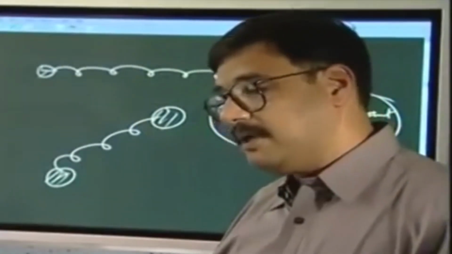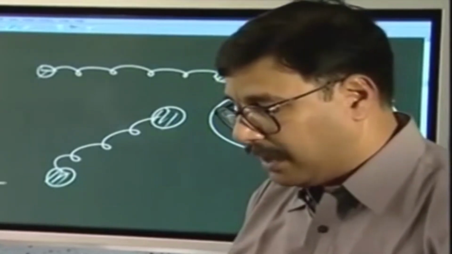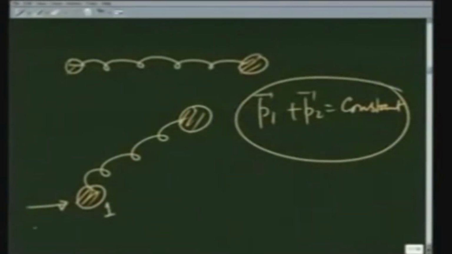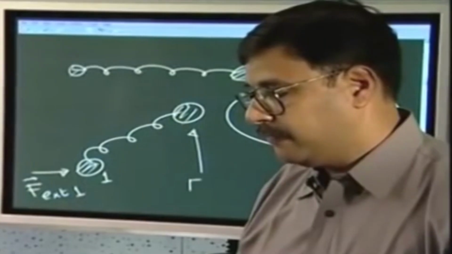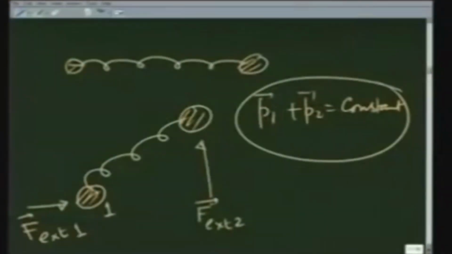Let us see what happens if forces were also applied on each of the particles. For example, on particle 1 there is a force, and to distinguish it from the internal forces between the particles, I will call it F external on 1. Let me call the force on the second particle F external 2, and see what the dynamics of the system is.